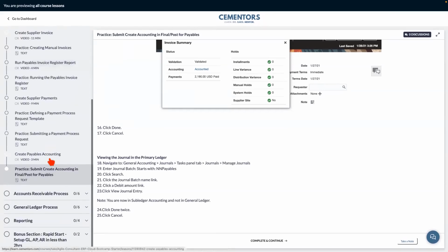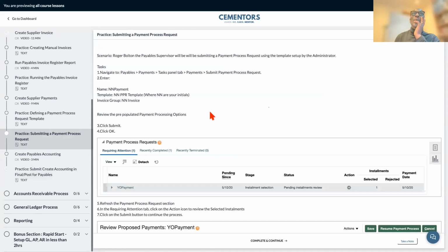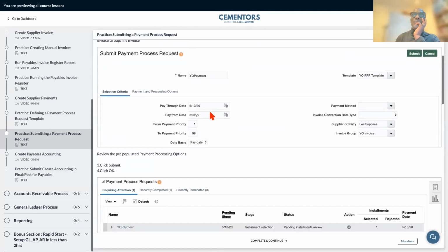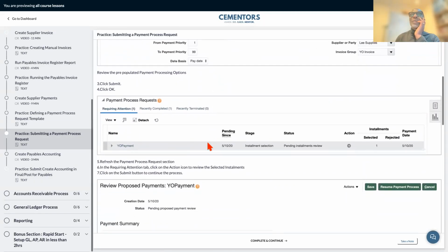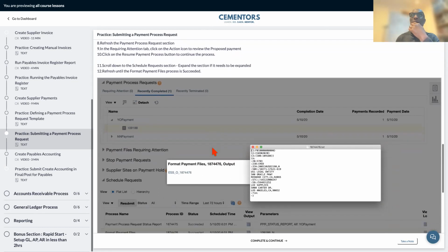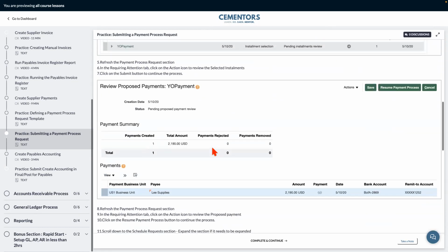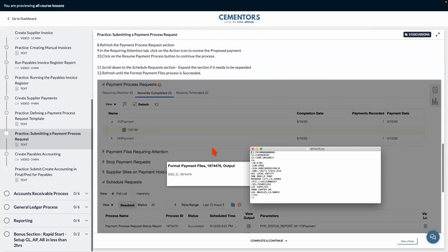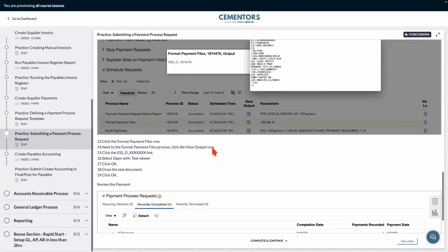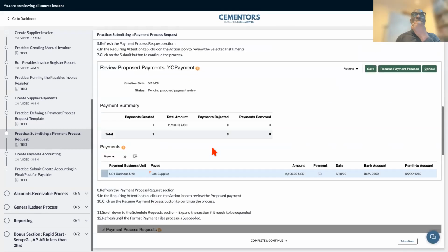What's happened is that other people have created payments, so it will probably pick up other people's payments. Yes, it rejected it, so I had to do it all over again. But it's good practice.